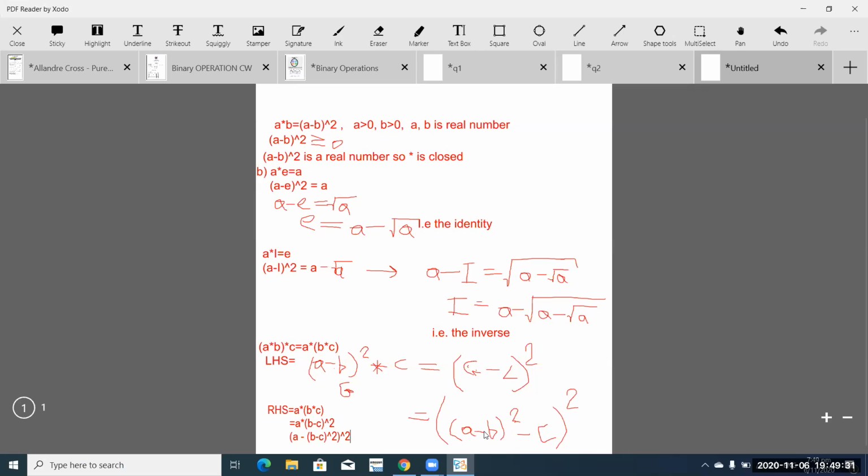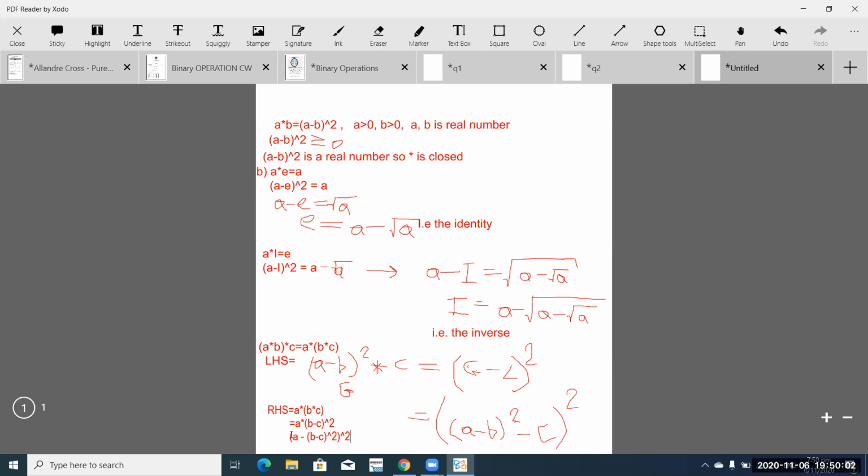Let's say you give A a value of 10, B a value of 5, and C a value of 1. 10 minus 5 squared is 25. 25 minus 1 is 24. 24 squared is, I believe, 576.